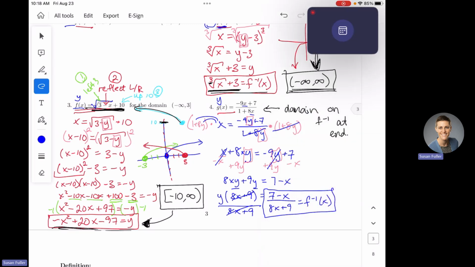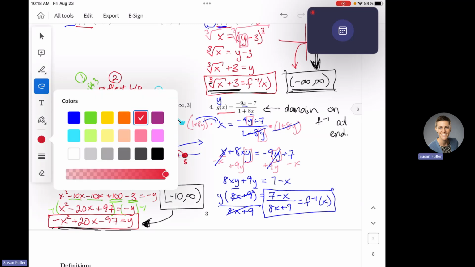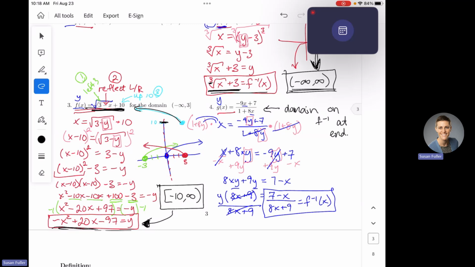And to find the domain of this, again, rational functions are a pain to graph, so we're not going to bother graphing these guys. We're going to apply our domain rules. The domain rule that applies to f inverse is our fraction rule. The fraction rule says pay no attention to what's on top of that fraction.